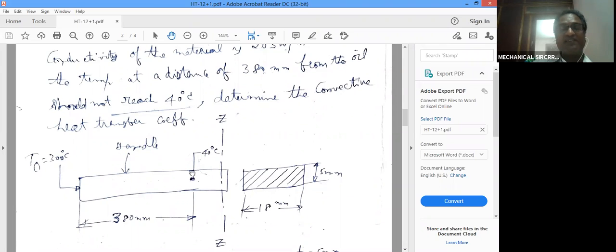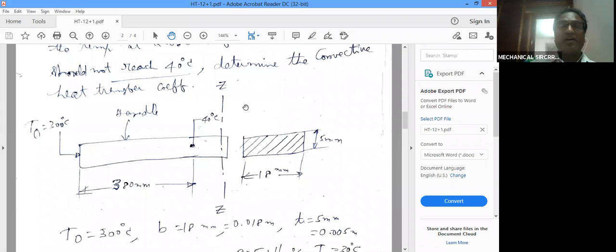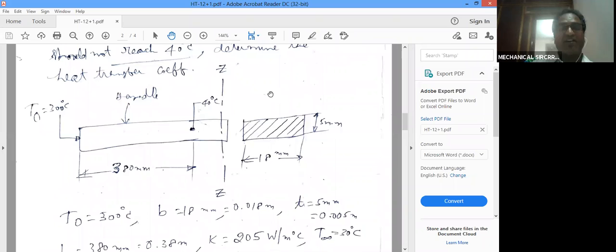Determine the convective heat transfer coefficient. This is a very, very important problem. So here you have to calculate the small h value. But how? m is equal to square root of hP by kA.